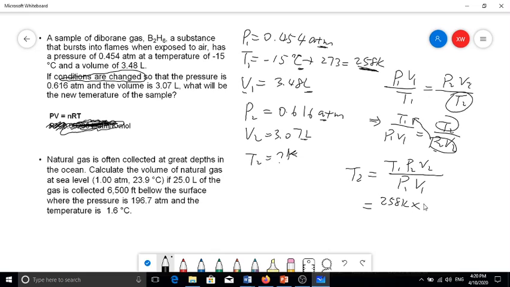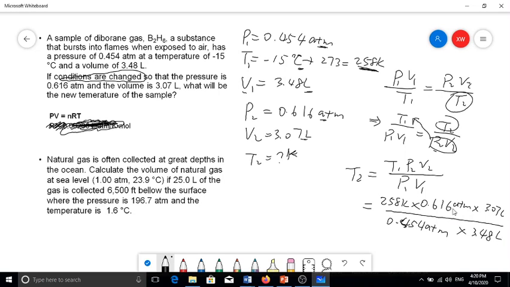P2 is 0.616 atm. V2 is 3.07 liters. P1 is 0.454 atm, times V1, which is 3.48 liters.